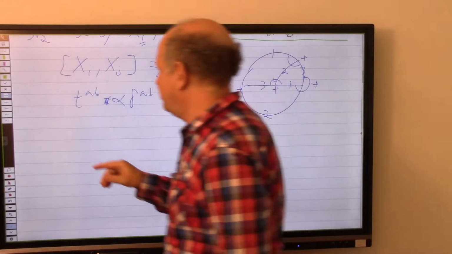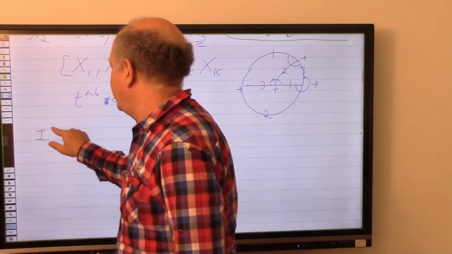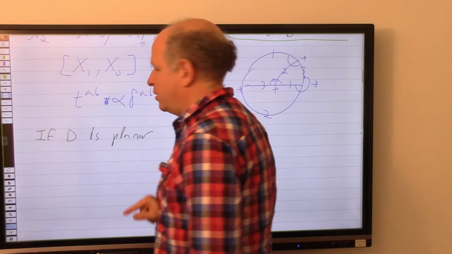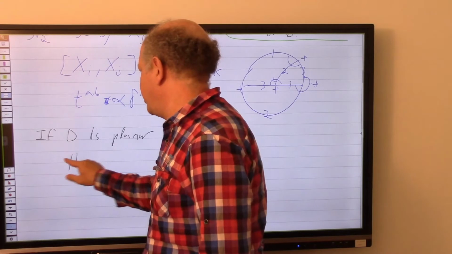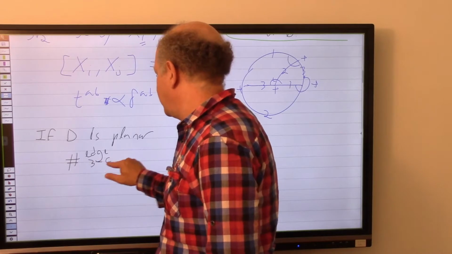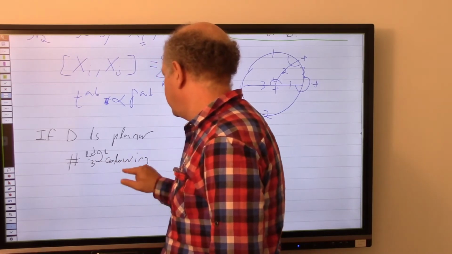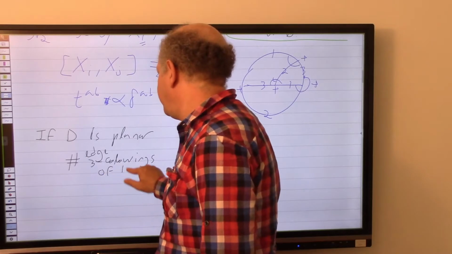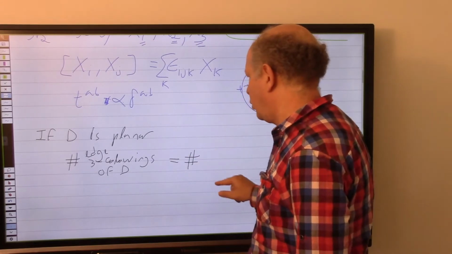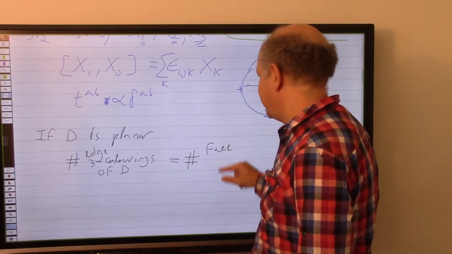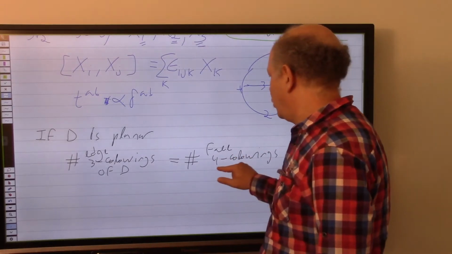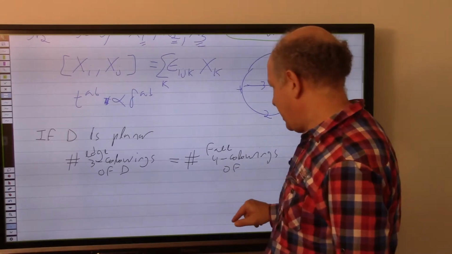So the statement is that if D is planar, then the number of edge 3 colorings of D is equal to the number of face 4 colorings of D, and I'm lying a little bit.